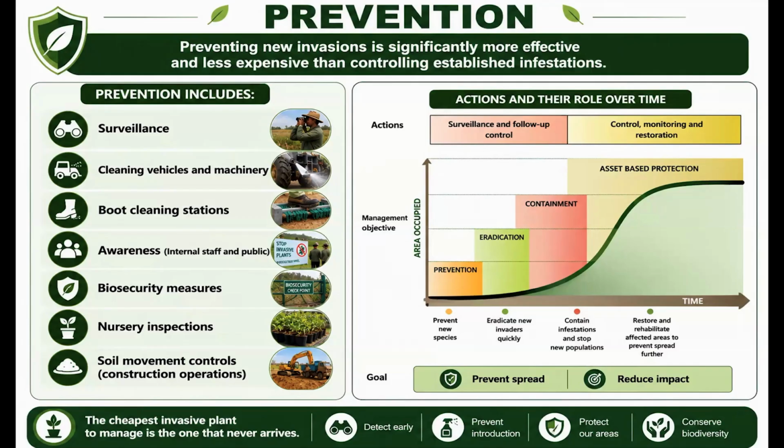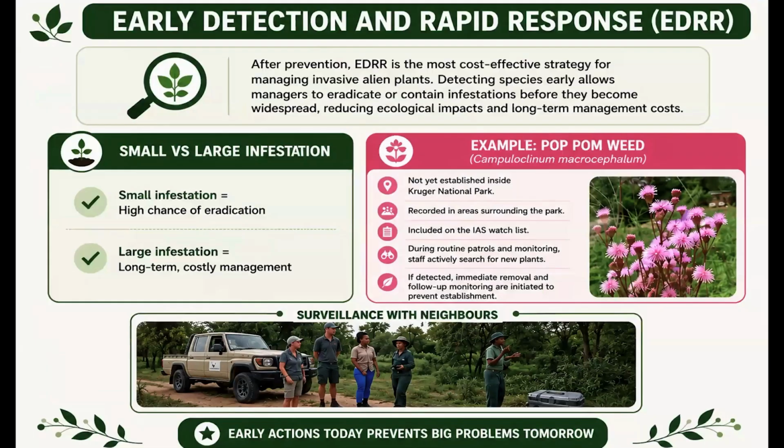If you're able to prevent a species from spreading, then you're able to cut out a lot of cost that you would have incurred later on. I know many times we often celebrate hectares that we've cleared, but we never celebrate species that never even entered our systems.